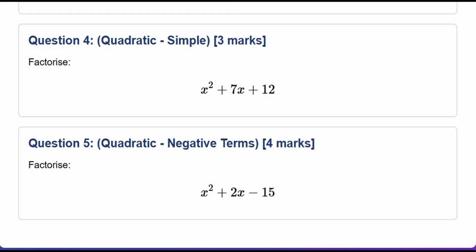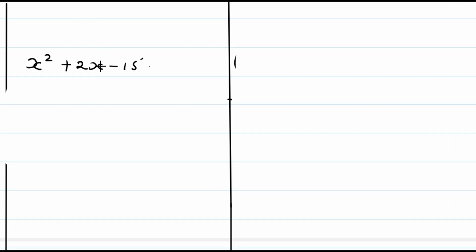The first step is to find two numbers such that when I add them, they give me the coefficient of this x here, which is 2, and when I multiply them, they give me a product of this negative 15 here. So what will be those two numbers?